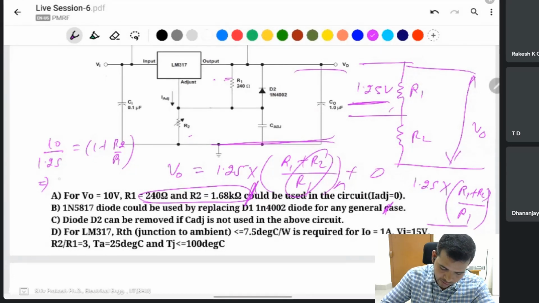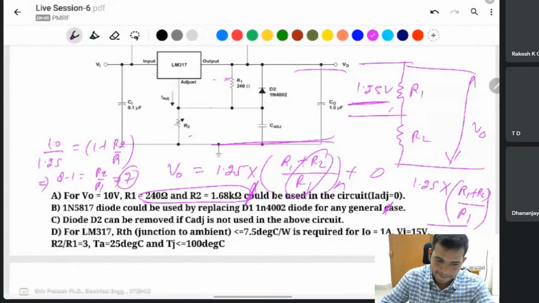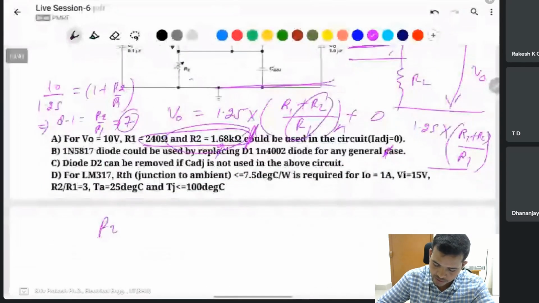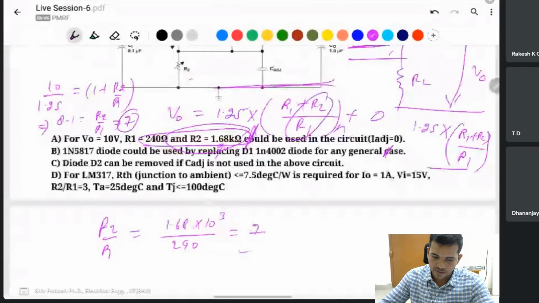And this one, 8 minus 1 is 7. The same thing I find with R2 by R1 as 7 also: 1.68 times 10 to the power 3 divided by 240. I think this one is the same as the 7.